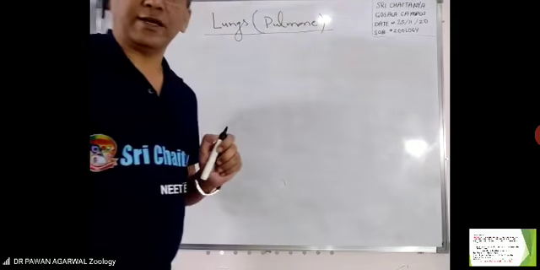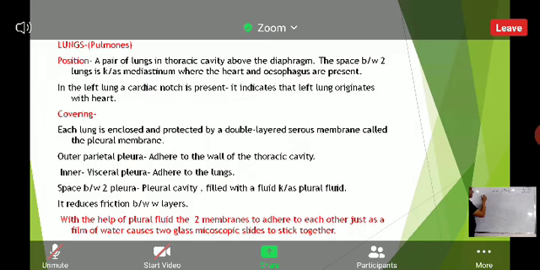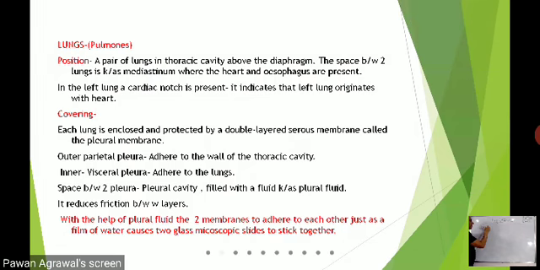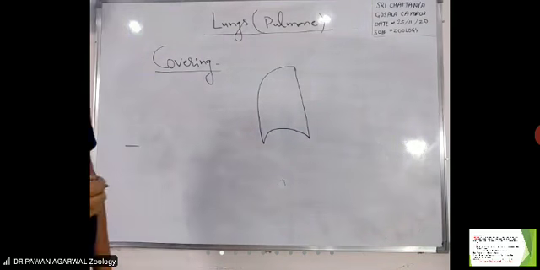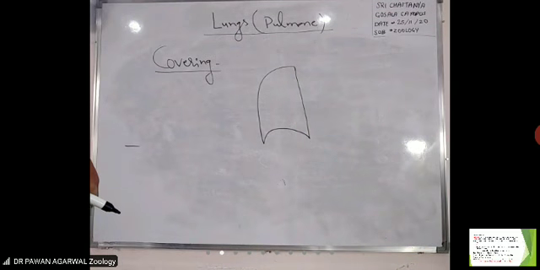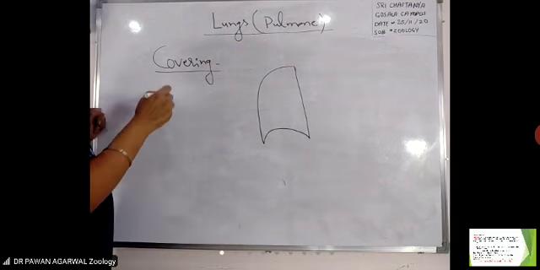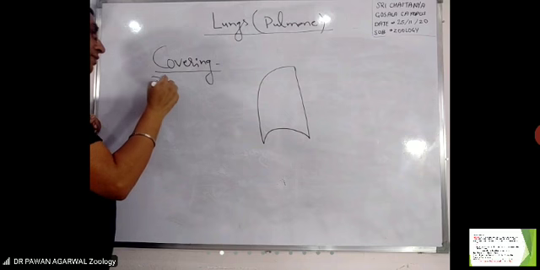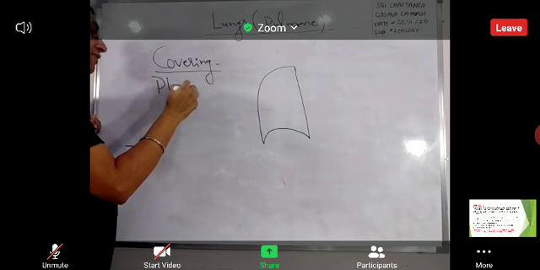The covering: the lungs are covered by a double layered structure. It means a double layered serous membrane, which is known as the pleura. And what is pleura?